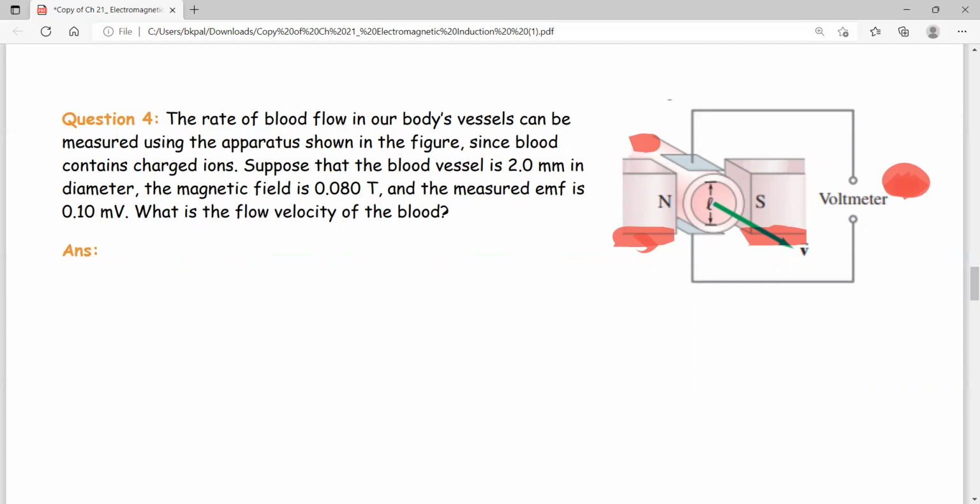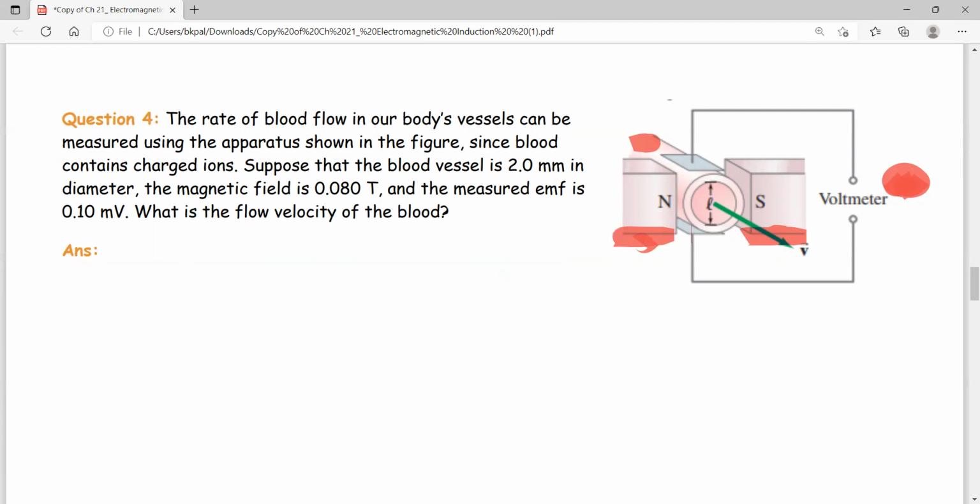If you place one probe here and another probe here and connect them to a voltmeter, it gives you the voltage. Then by doing some calculation we can determine the velocity, the speed of our blood flow in the vein.